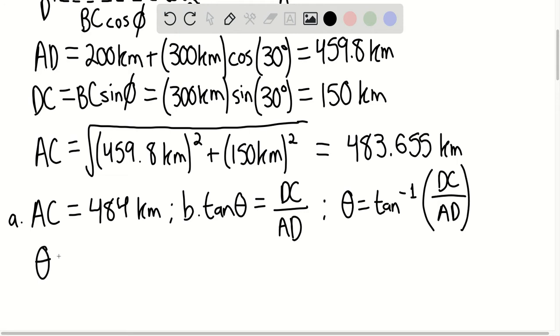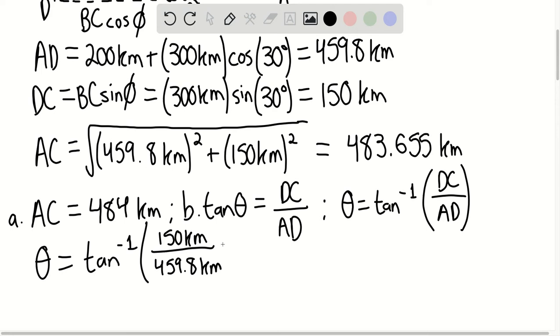So theta is going to be equal to arctan of 150 kilometers divided by 459.8 kilometers. And this is giving us 18.1 degrees north of west.